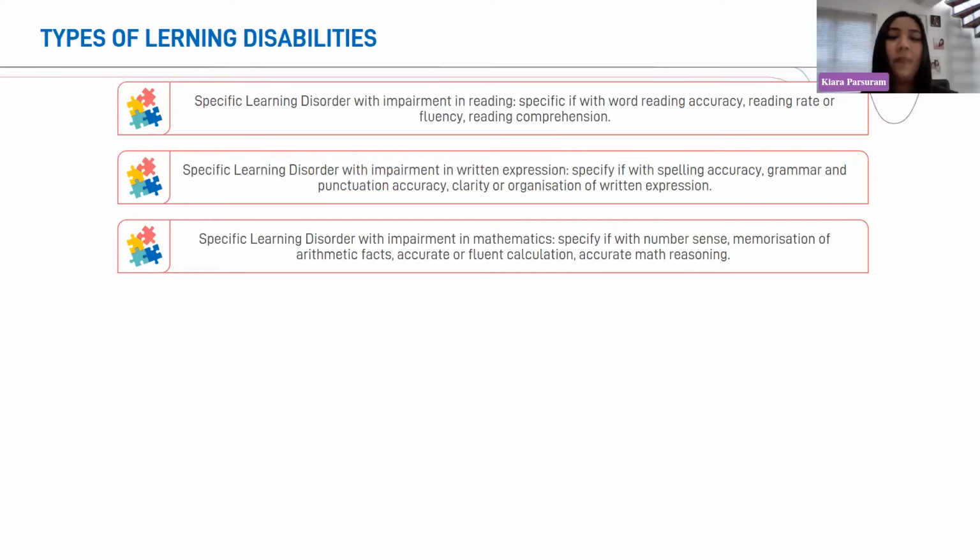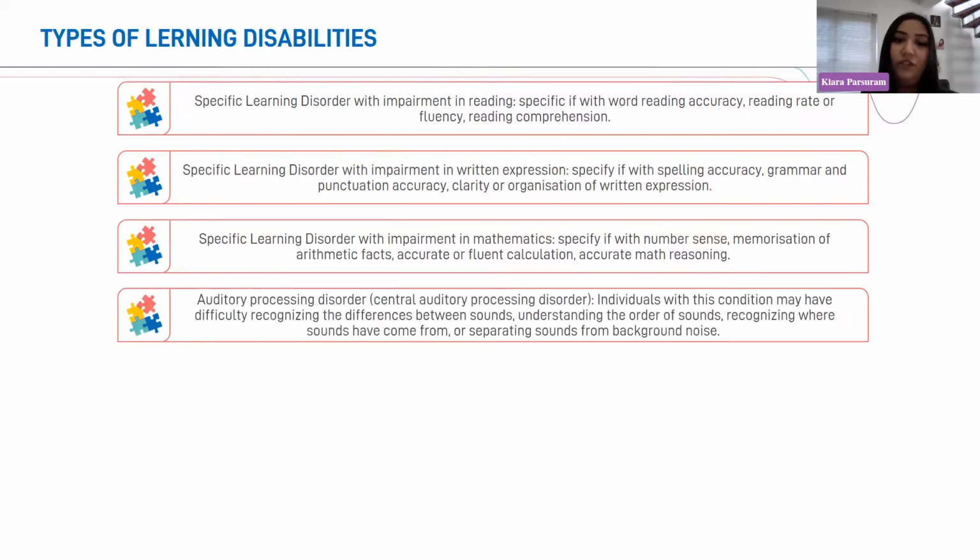Besides the learning disabilities according to the DSM, we also have disabilities such as auditory processing disorder, also known as central auditory processing disorder. Individuals with this type of disability may have difficulty recognizing differences between sounds, understanding the form of sounds, as well as recognizing and separating background noises.